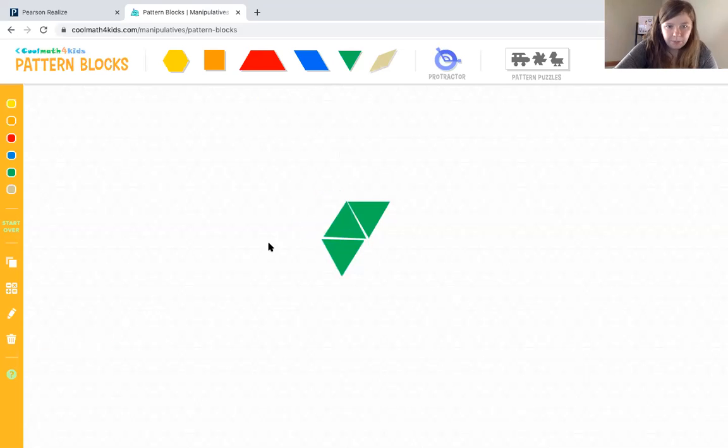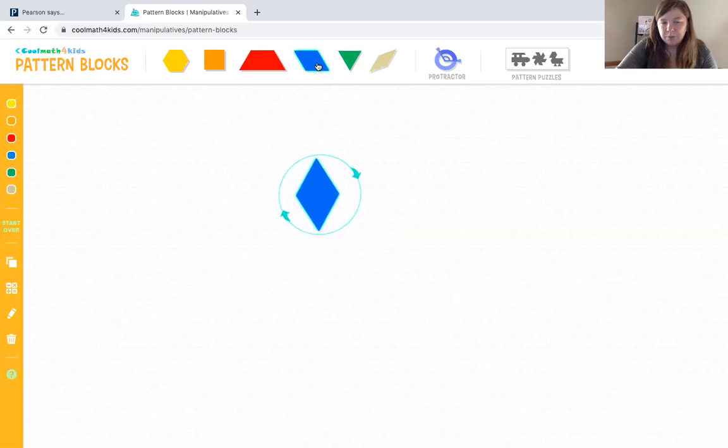Now, the shape I'm going to make is, again, a bigger triangle, but I am going to use blue and green pieces. So I'm going to start and put 1 blue piece like this, 1 blue piece like this, 1 blue piece like this. Now I'm going to fill in these gaps with some triangles.